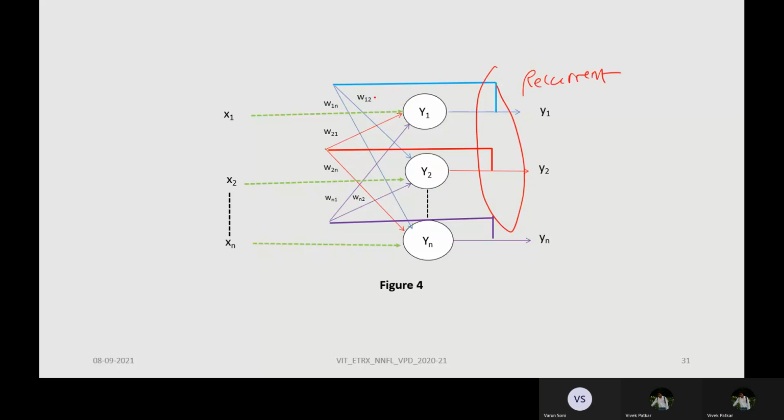There is no feedback to its own neuron, so it is called without self connection. Is it clear? Yes, sir. Okay. So first you take down this diagram, the architecture. Yes. The title is written: discrete Hopfield network.